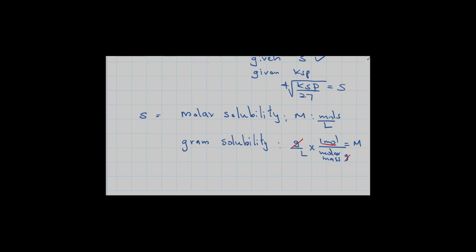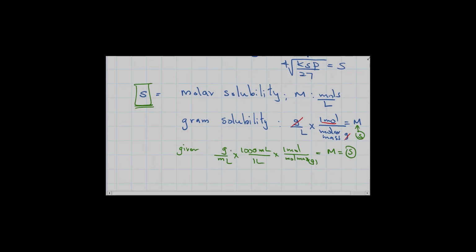Now, let's look at when you are given the grams per milliliter sometimes, how do you convert? 1000 milliliters is 1 liter, and 1 mole is the molar mass or the formula unit. You plug in and you will get the molarity, the S, molar solubility.